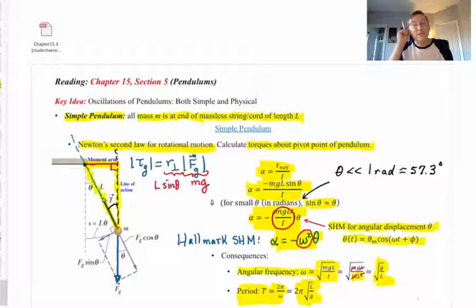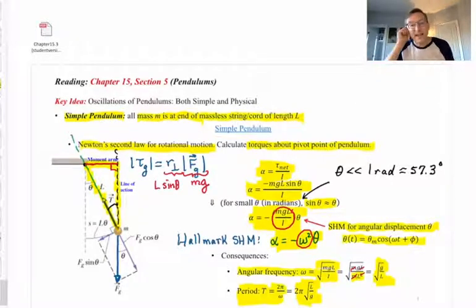If you someday judge a middle school or elementary school science fair, it's almost inevitable that at least one of the experiments will be something like, what determines the period of a pendulum? And they were probably looking at a simple pendulum.